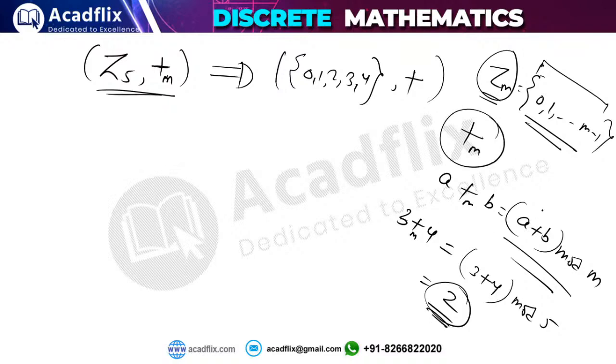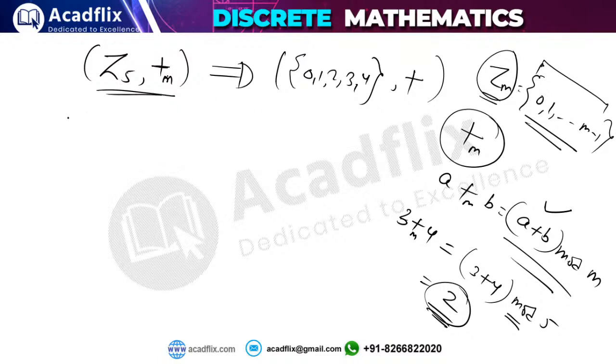Modulo addition means first you add and then you find the remainder, because we have already discussed that mod is nothing but the remainder operation. Here 5 is our m. So this is the algebraic structure that we have.